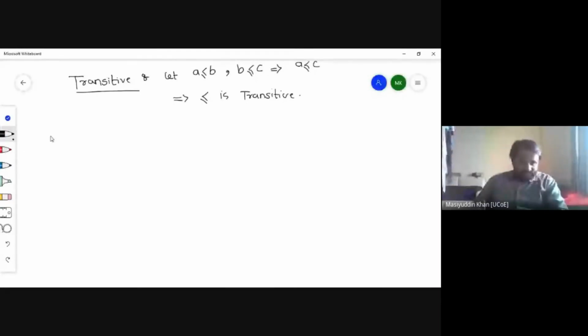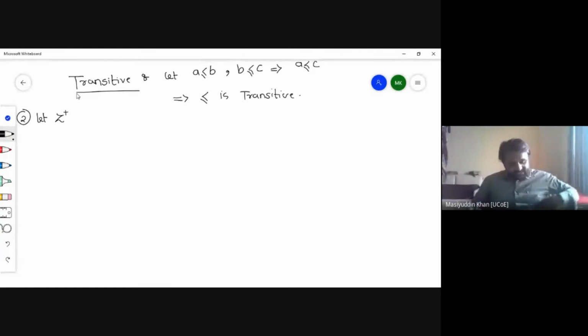So the next question we will finish in 10 minutes. Let Z plus, when I write Z plus, it means a set of positive integers, because Z is represented as integers. When I write Z plus, it means a set of positive integers, so I'm not going to write that every time. You just try to understand.